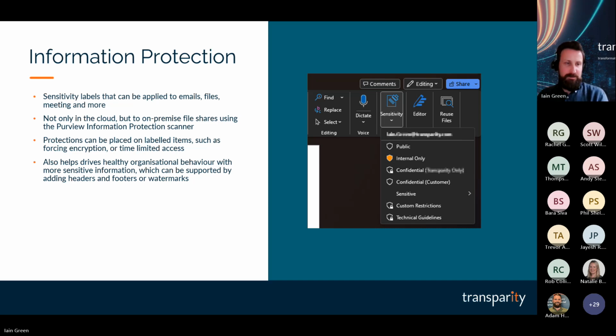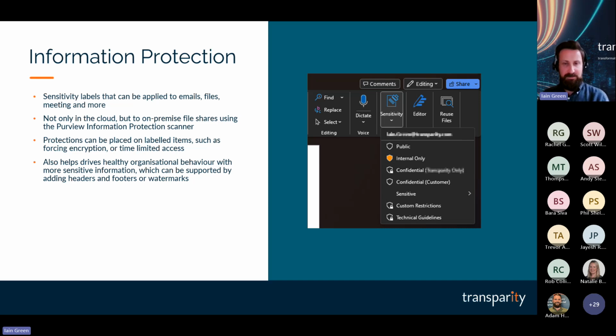And not only are we talking here about classification, but information protection can also place specific restrictions or controls on items that are labeled. So for instance, you may have a very confidential label and you want to enforce some restrictions.